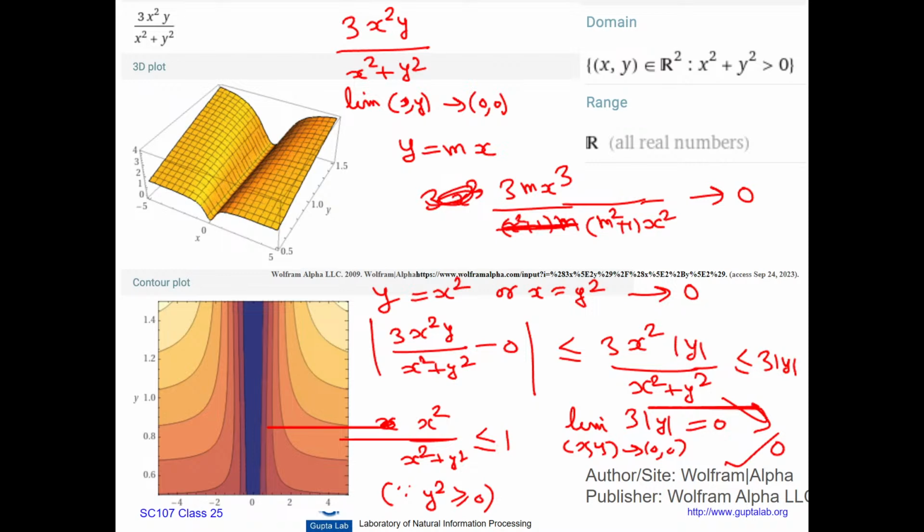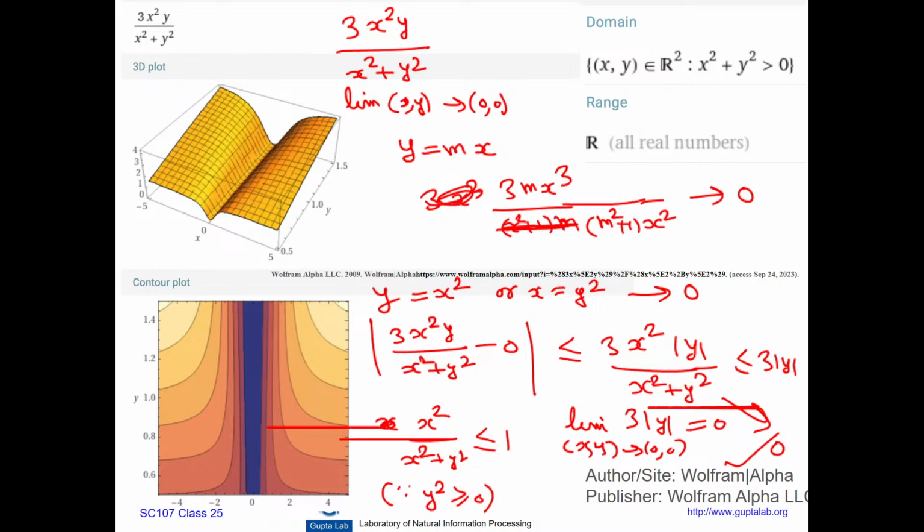Okay. Now here in this case, you can see that you tried all different paths. Along y is equal to mx, for any m, the limit is 0. Along y is equal to x square or x equal to y square, the limit is 0. Then you suspect probably the limit is 0. Then you try to do some inequality business to finish the case, right? So assuming that capital L is equal to 0, look at the absolute value and show it is somehow less than or equal to y. Here we have used the sandwich principle because the whole thing is less than or equal to this quantity.